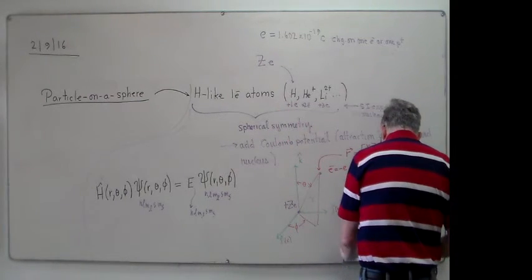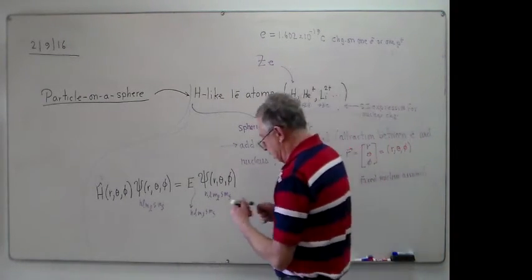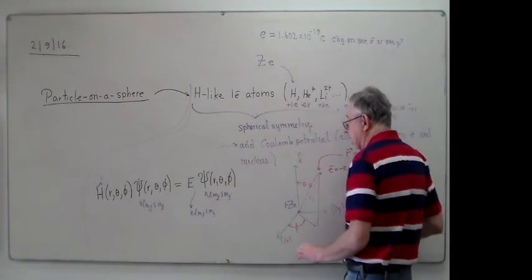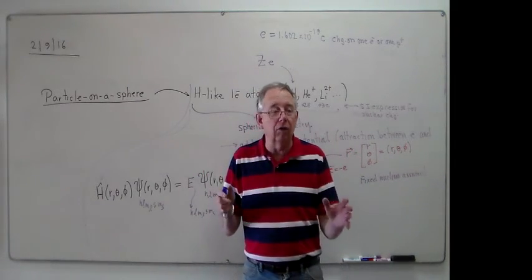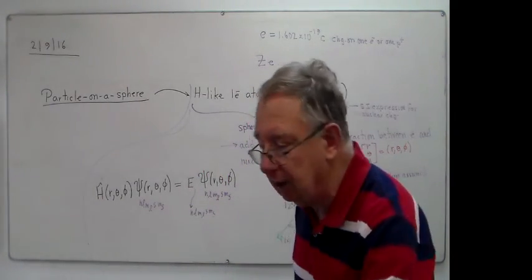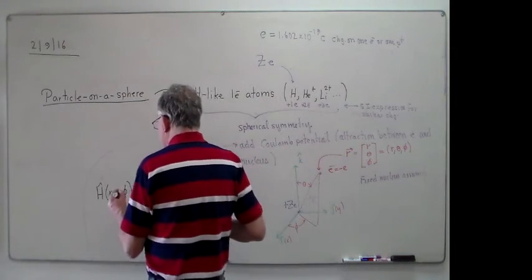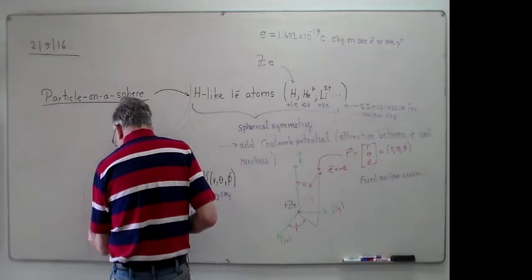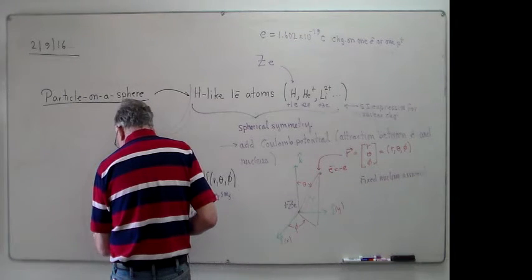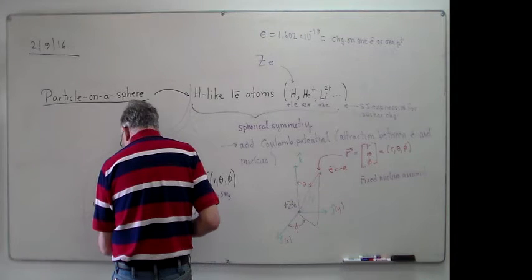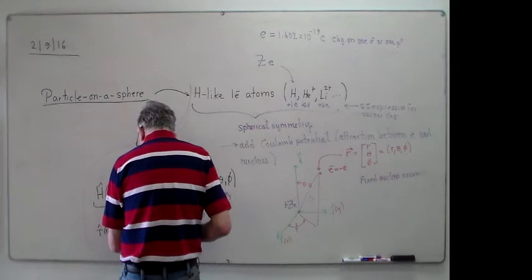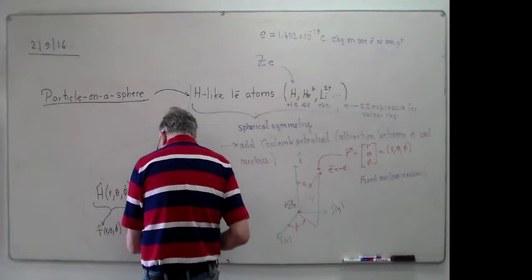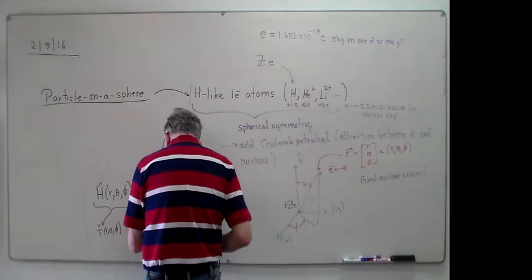And now let's talk about the Hamiltonian for hydrogen atom. For particle on a sphere, it was angles only. You were locked onto the sphere. But for hydrogen atom, we're going to have both radial and angular terms. We're going to have a kinetic energy operator that's a function of r, theta, and phi. And at least at the outset, there'll be a potential operator that's also a function of r, theta, and phi.